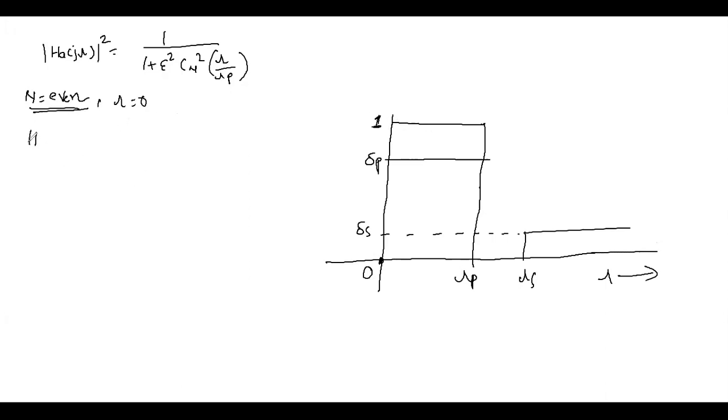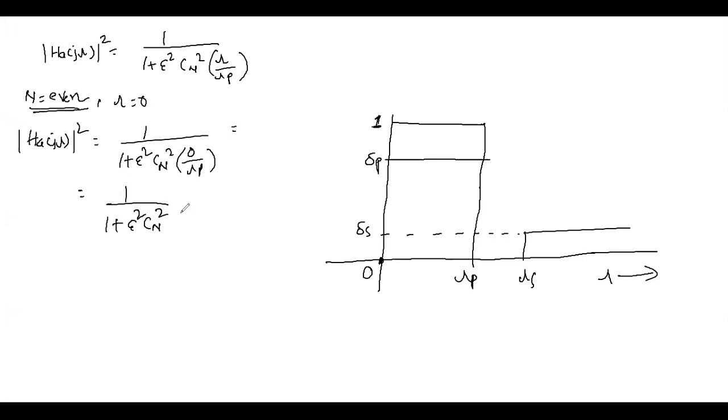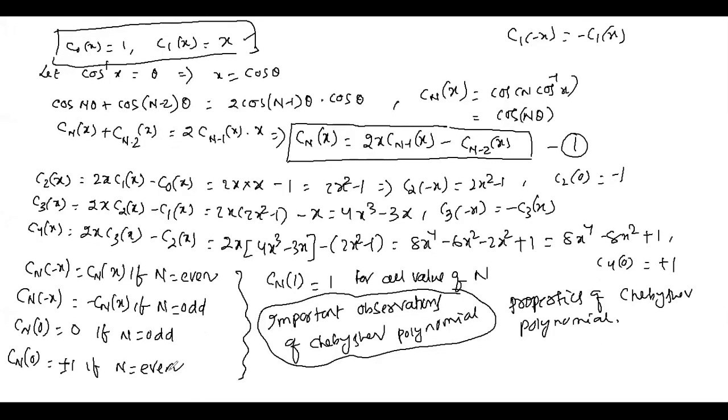Then what is the magnitude square of H(j omega)? It is 1 by 1 plus epsilon square Cn square of 0 by omega p, that is 1 by 1 plus epsilon square Cn square 0. Then what is Cn(0)? Cn(0) equals plus or minus 1 if n is even. Yes or not?